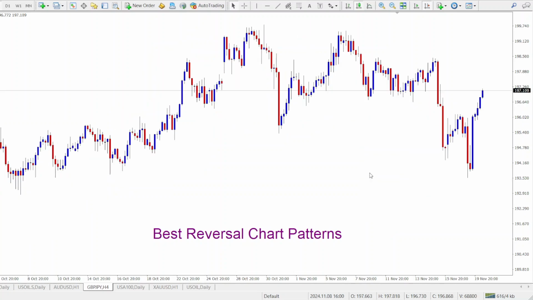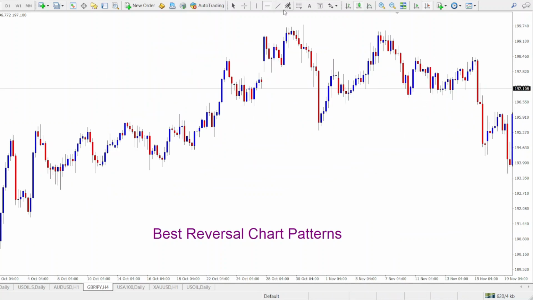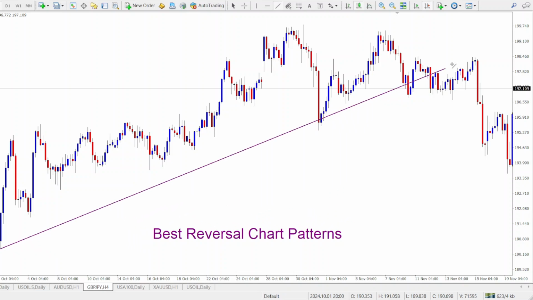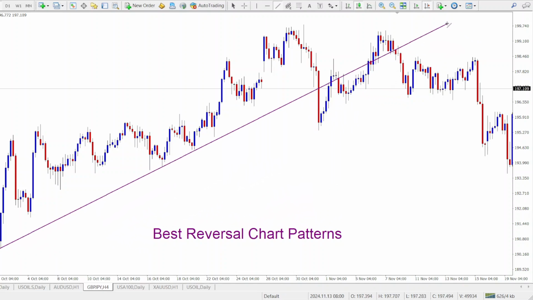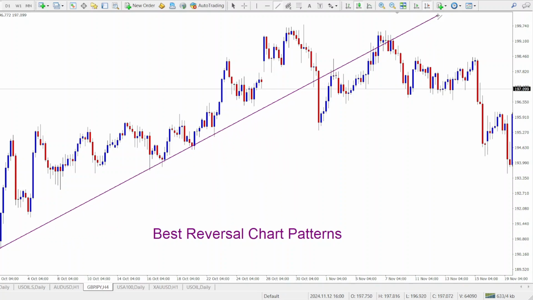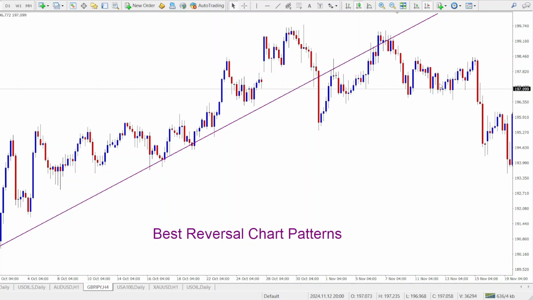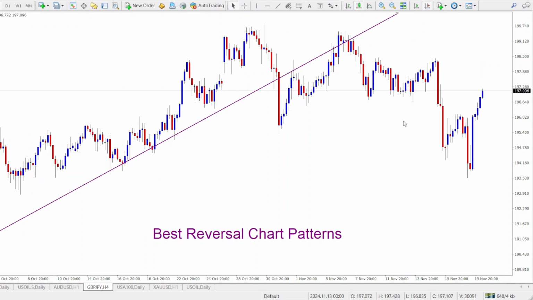For example, if the market is bullish, as in this case, you can see that we had a bullish trend here, a reversal pattern might indicate that buyers are losing steam as sellers are stepping in. For example, we can see the double top formation.